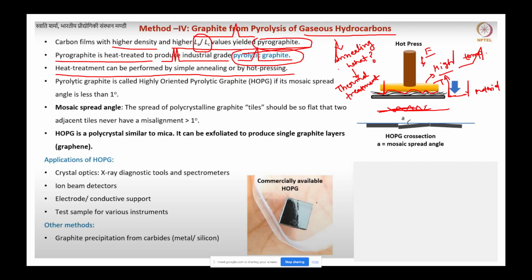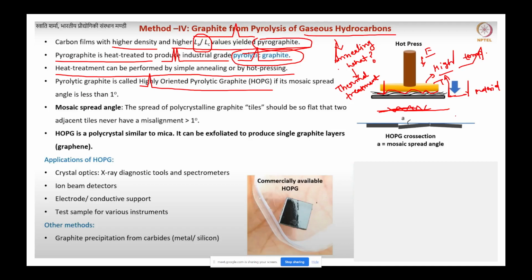Okay, so pyrolytic graphite is called highly oriented pyrolytic graphite if its mosaic spread angle is less than 1. After pressing this pyrolytic graphite, it is highly oriented.